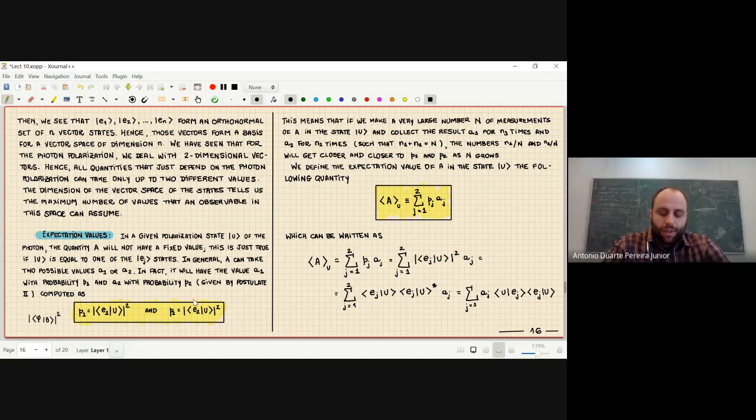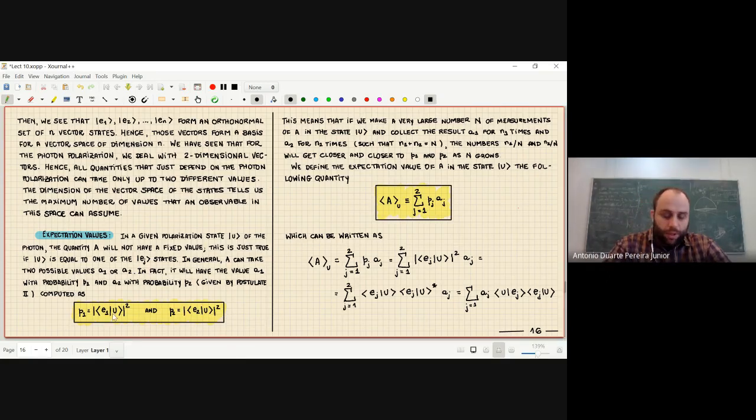So if you are in the state E2 and measure the quantity A, you are going to get A2. And this is the probability, okay? I know that in the beginning this sounds weird, but you're going to get used to that. Don't worry, okay?